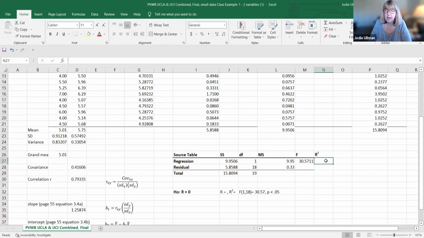And how did we calculate eta squared before? From the textbook, how do we calculate R squared? I could look up where it is in the textbook.